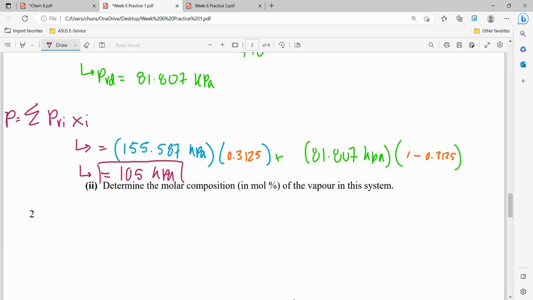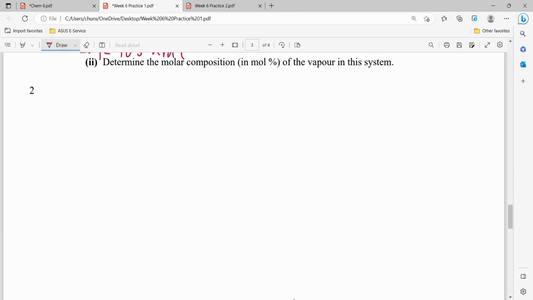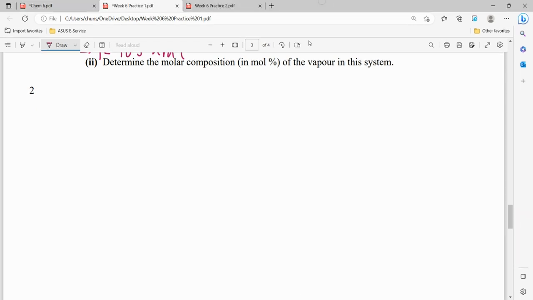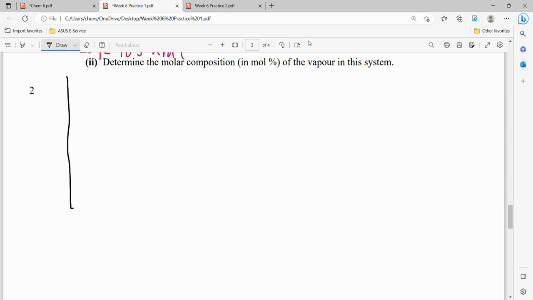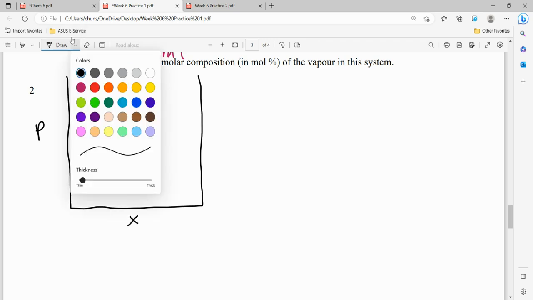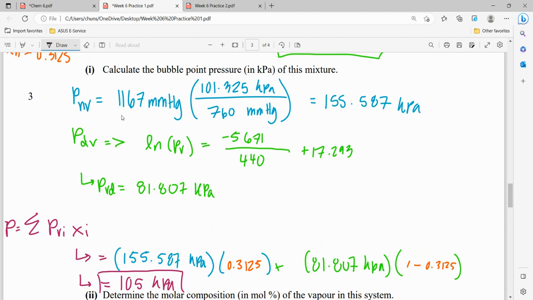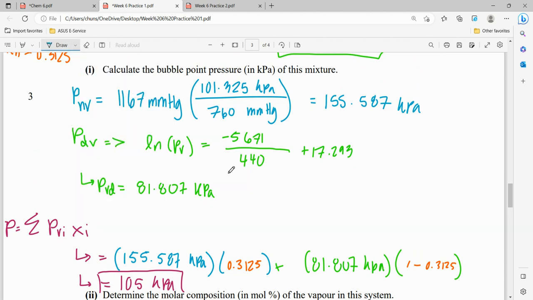Okay, we're going to move on to determine the molar composition of the vapor in this system. So if we were to illustrate this diagram for our pressure and our mole composition, we found that for our nonane, we have a pressure of 155 kilopascals.